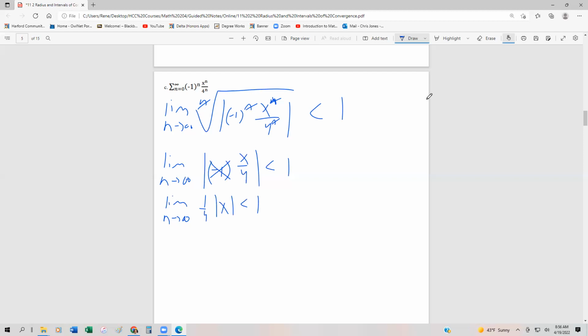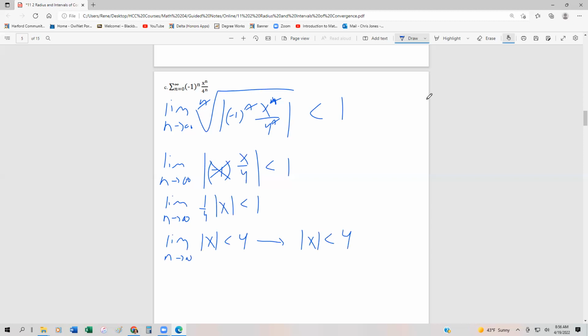All right, so we would have that the limit as n approaches infinity of absolute x is less than 4. All right, now, if we apply the limit to this, there is no n. So there's nothing that we have to worry about because n and x are independent of one another. And so this tells us that the absolute value of x is less than 4.